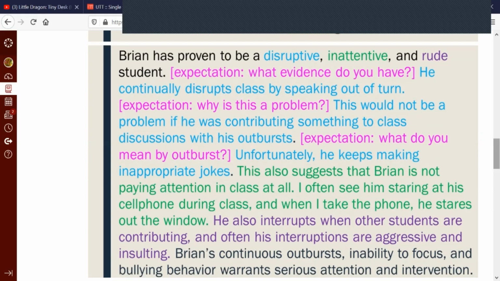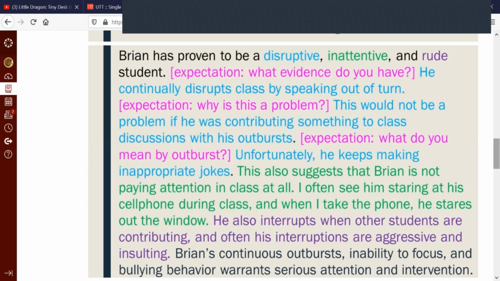So if we look at our example again, Brian has proven to be a disruptive, inattentive, and rude student. So the expectation from reading a sentence like that is, give me the evidence, show me what you mean. So my next sentence starts by giving you evidence. He continually disrupts class by speaking out of turn. And you might ask, so yeah, but why is that? That's not necessarily a disruption if he's adding to the class discussion.